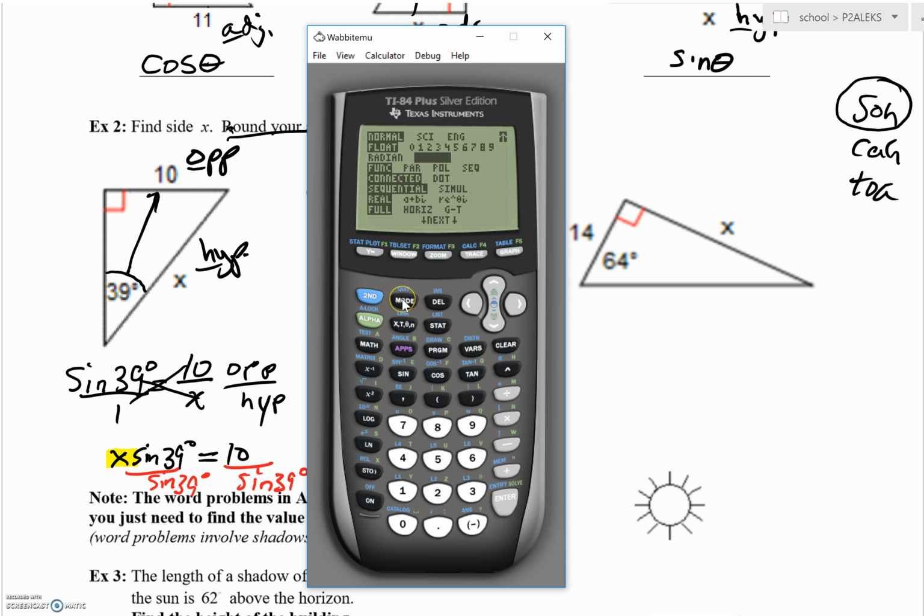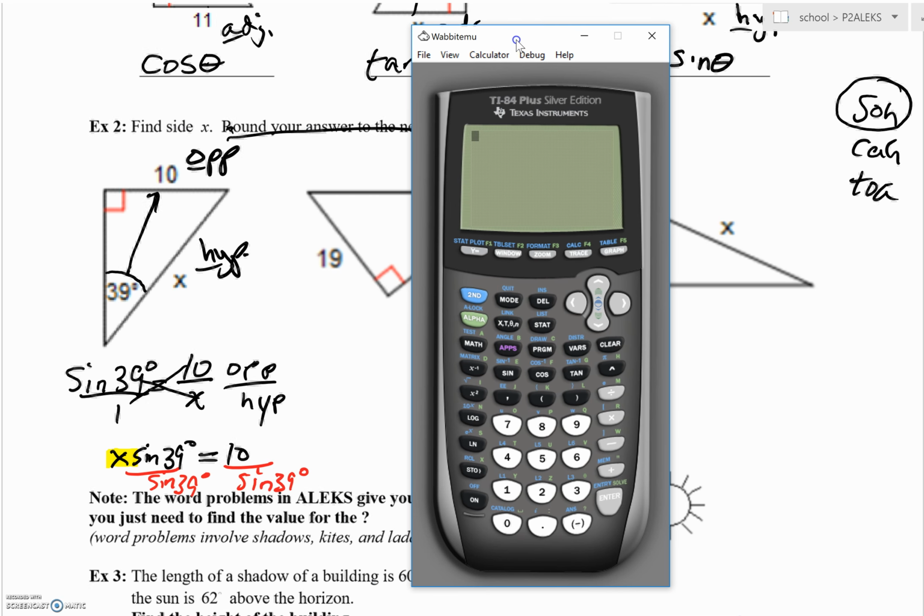So I'll do second mode. Second mode always goes back to the home screen. And you can see I have to type in 10 divided by the sine of 39. And we're going to go to 1 decimal place accuracy. So it's either going to be 15.8 or I've got to bump it up to 15.9.